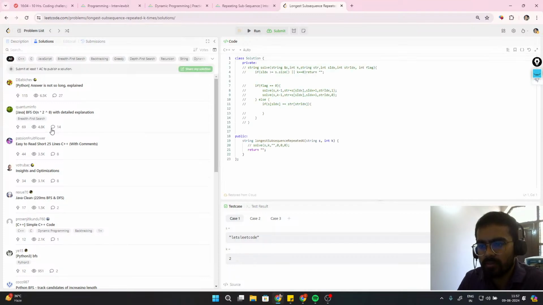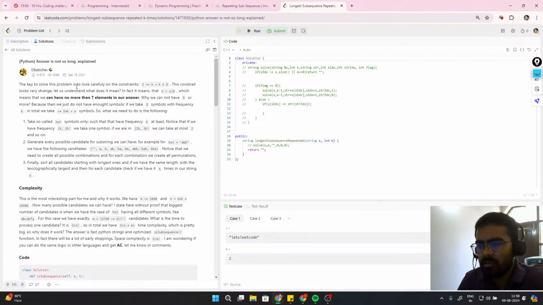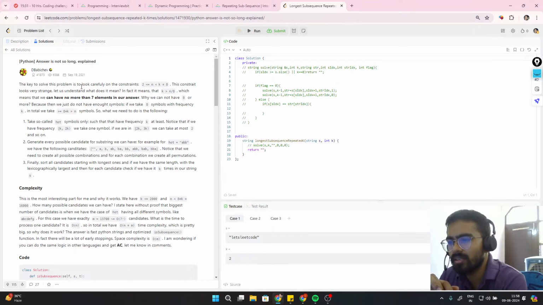Don't have any editorial. The key to solve this problem is to look carefully at the constraint. N is greater than 2 and lesser than k into 8. This constraint looks very strange. Let us understand what it means. In fact, it means that k is greater than n by 8, which means that we can have no more than 7 elements in our answer.